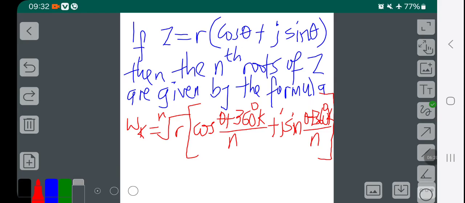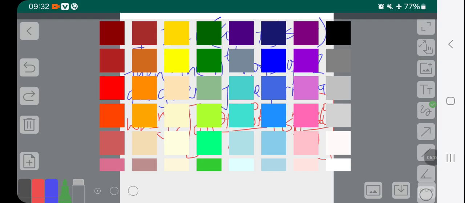Let's start with that n. It's a positive integer, and there will be exactly n distinct roots.